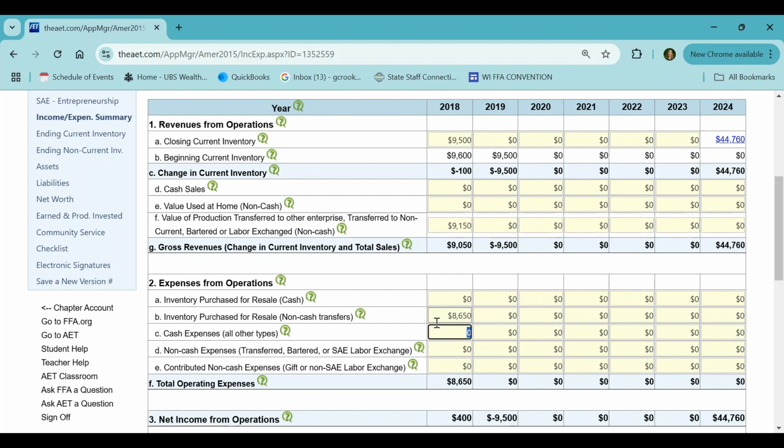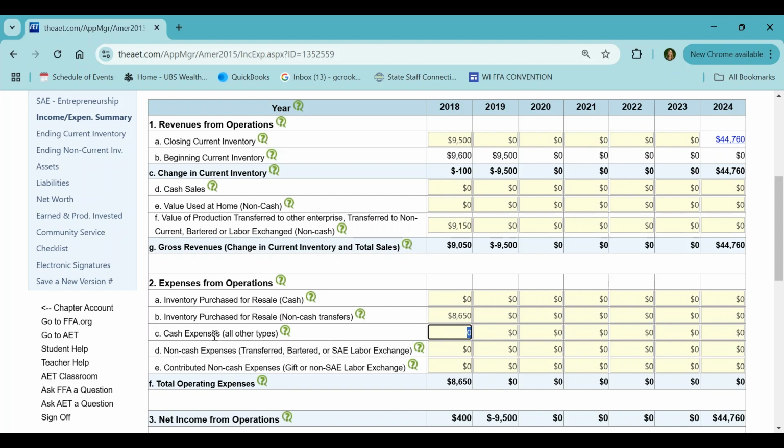So this is any livestock animals that maybe you purchased to turn around and resell, or maybe it's a piece of equipment or a tractor, something that you plan to keep for a short amount of time and then turn around and sell again. So market steers would be a good example, or market lambs, market hogs. So if you purchase those, this is inventory purchased for resale. It's a non-cash transfer, so it came from here. This is a bartered exchange for this individual.